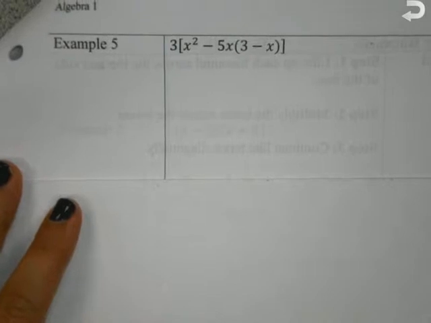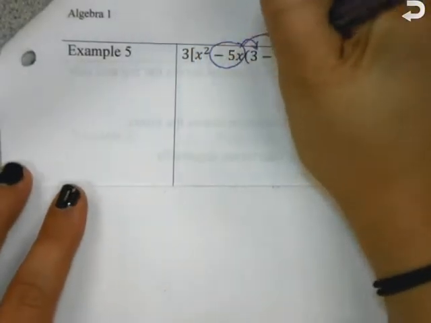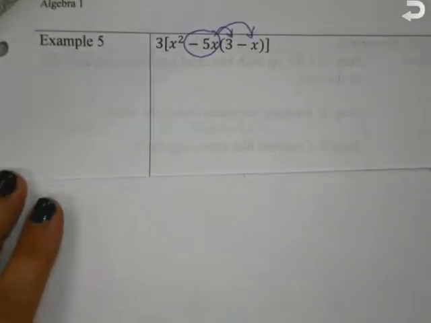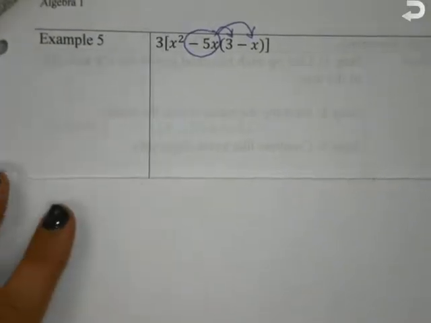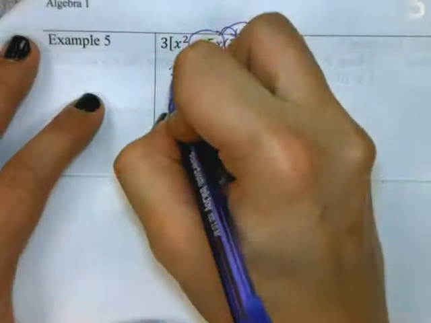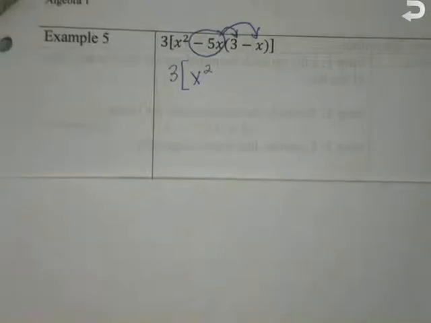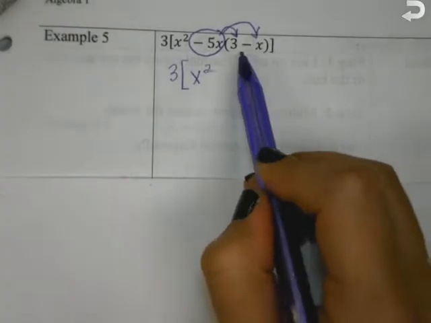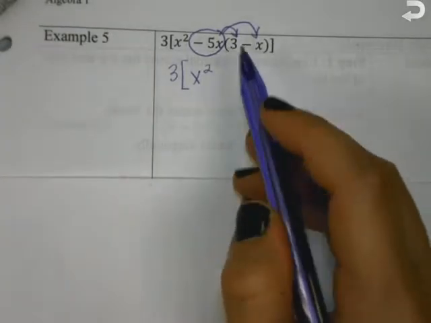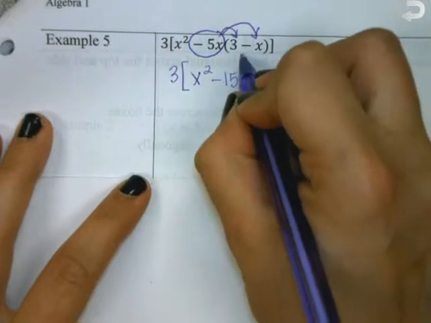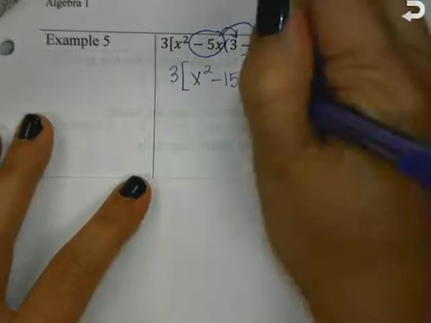So circle that negative 5x and distribute. So rewrite everything else. That's 3 bracket x squared. Negative 5x times 3. What does that give me? Good. Negative 15x. And negative 5x times negative x gives me plus 5x squared.